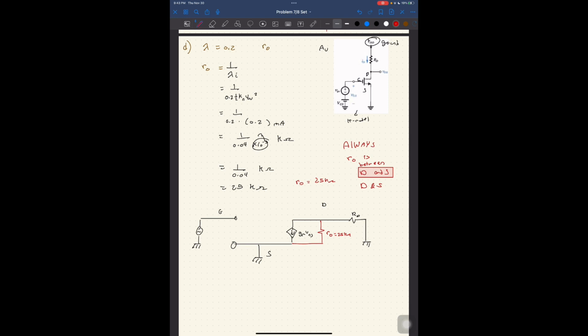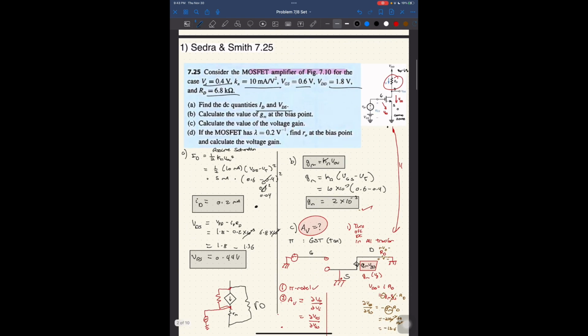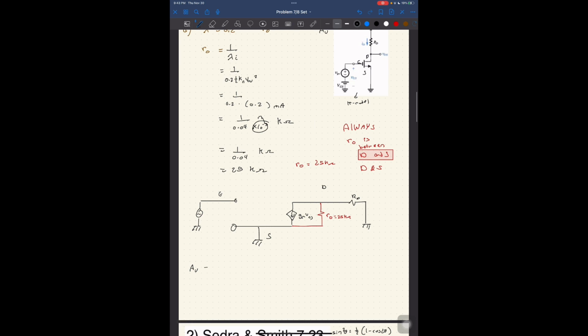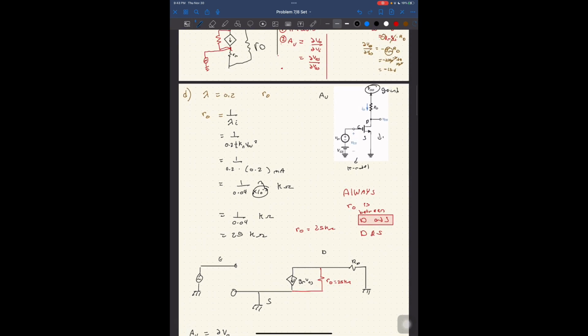Now, given this new value, you're asked to find Av, right? That's what the question is asking. Find the voltage gain. Av is equal to vo over vi. I understand that the voltage at the input is VG, and the voltage at the output is VD.